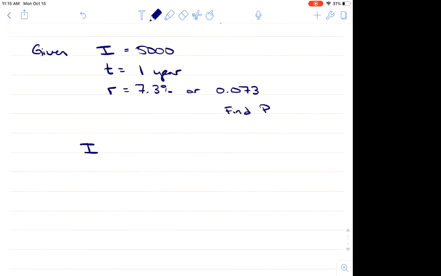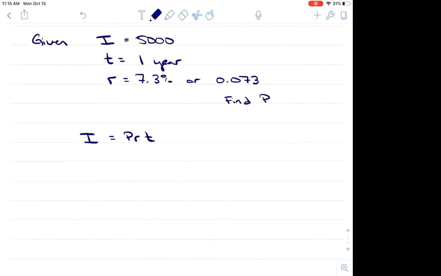Okay. All right, so far so good. We know the formula I equals PRT. So we know I is 5,000. P is what we're solving for. The rate is 0.073, and the time is just 1 year.